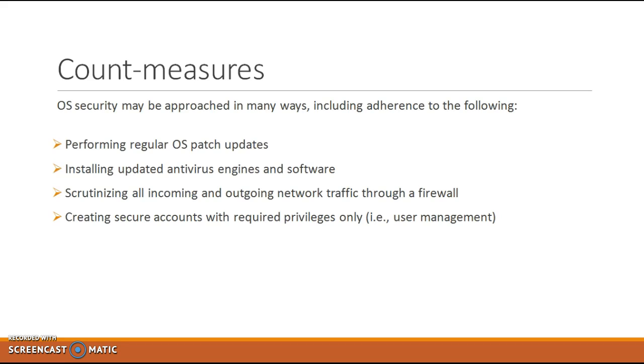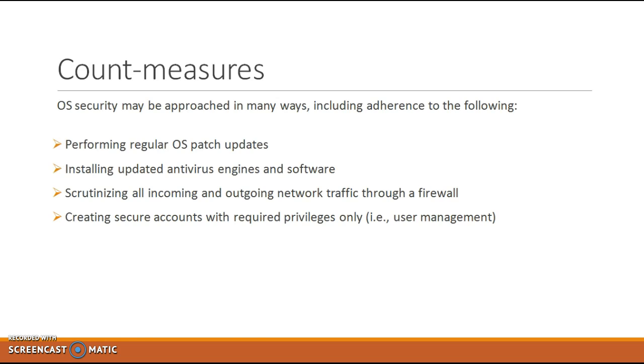The next one is scrutinizing all incoming and outgoing network traffic as a countermeasure. So your firewall must be configured in a proper way, so that it can easily scrutinize which incoming traffic should be allowed and which outgoing traffic should not be allowed. The next one is creating secure accounts with the required privileges only, which is user management.